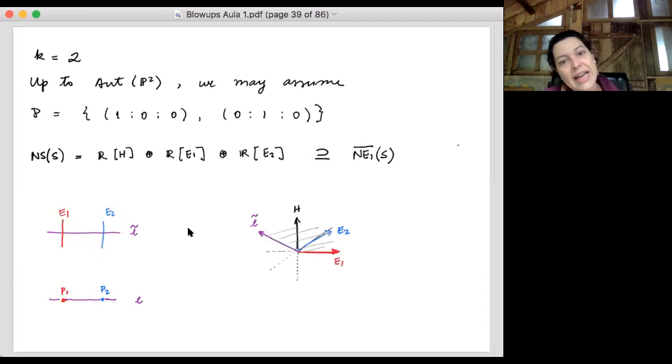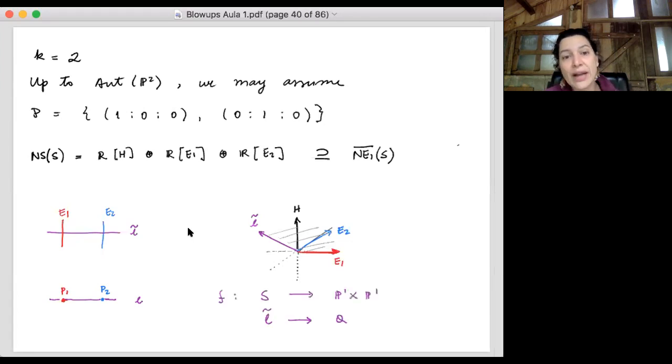In this case, one can show that the Mori cone is spanned precisely by these 3 extremal rays in red, blue, and purple. So these are the 3 extremal rays of the Mori cone, and each one of them can be contracted to a surface. If you contract either E1 or E2, then you go back to P2 blown up at only 1 point.